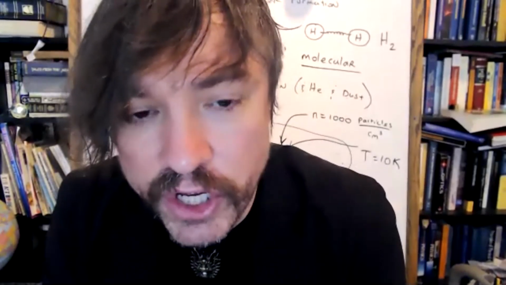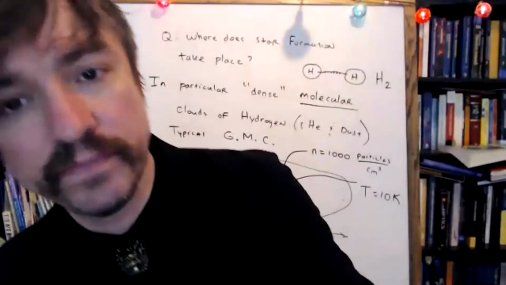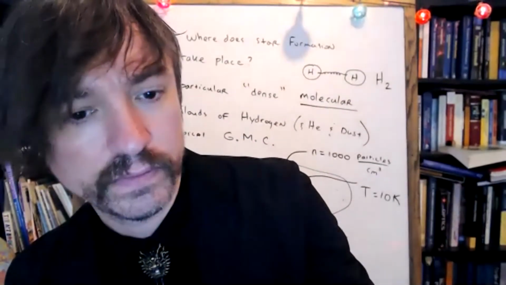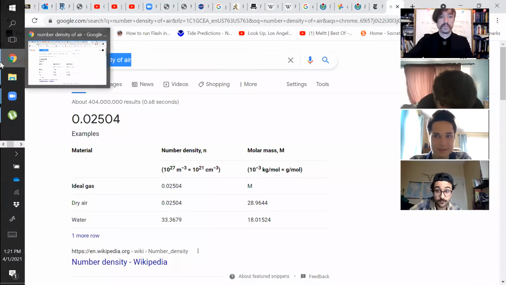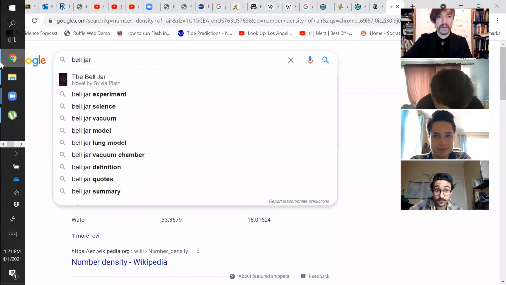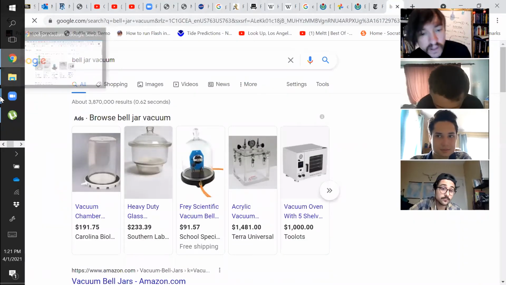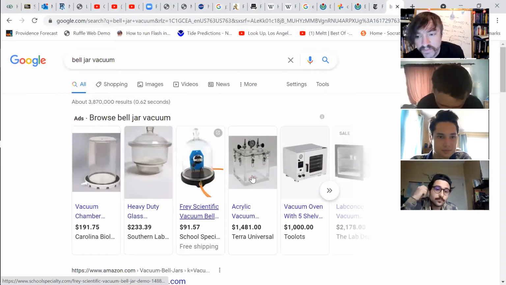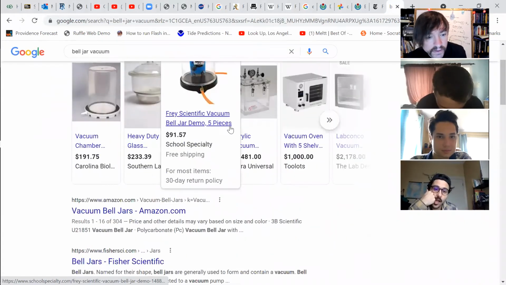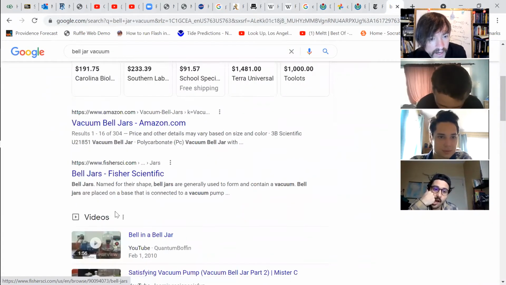By the way, you guys know that we make vacuums sometimes, like in a laboratory. Oh, so you meant to say that our vacuums are actually crappier than the clouds of gas? The clouds of gas are many orders of magnitude lower density than the best vacuums that we can create on planet Earth.